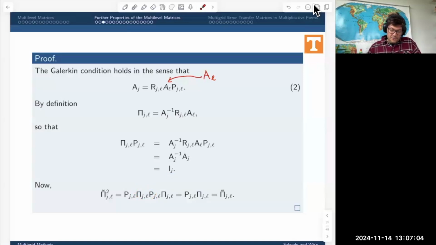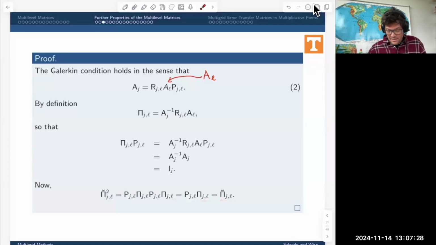That allows me to write this product as just that, which is of course just the pi tilde matrix. Okay, so this becomes identity, and so I can collapse this product. So basically this goes away, and I just have pi JL times pi JL, which is the pi tilde matrix.